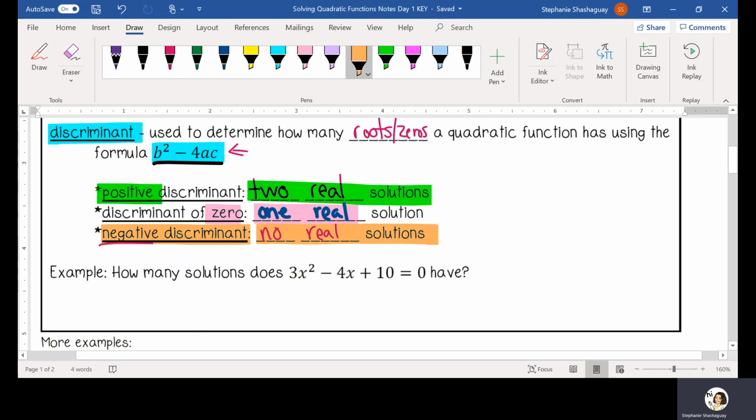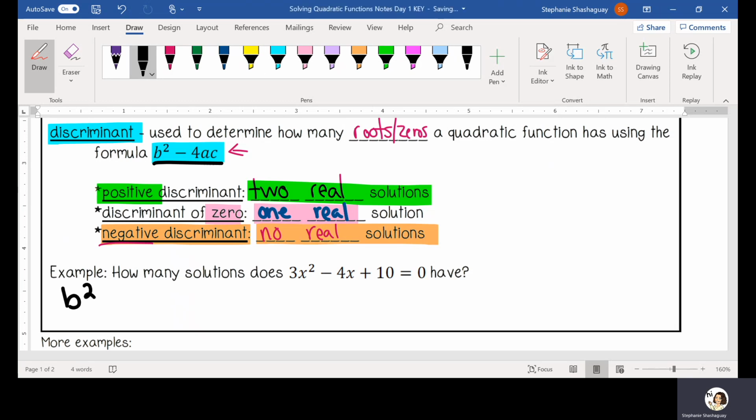So here's an example. How many solutions does 3x squared minus 4x plus 10 equals 0 have? Well, what we're going to do is we're going to take our formula b squared minus 4ac, and we're going to plug in our numbers. So negative 4 is our b, so we're going to fill that in here.